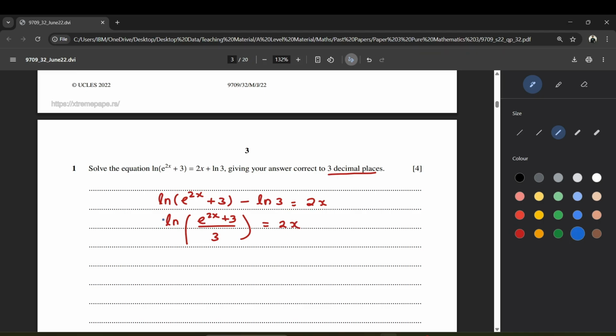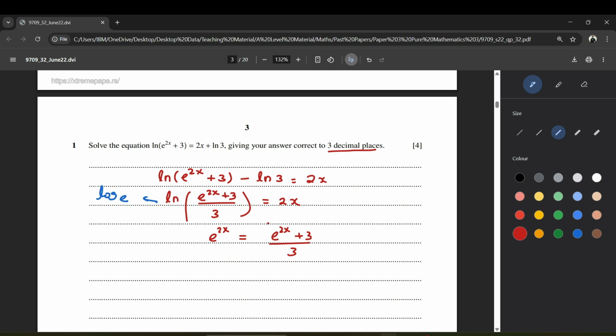Now we know that ln is basically log to the base e, right? So that means that I can say that e to the power 2x is equal to this expression. e to the power 2x is equal to e to the power 2x plus 3 divided by 3.